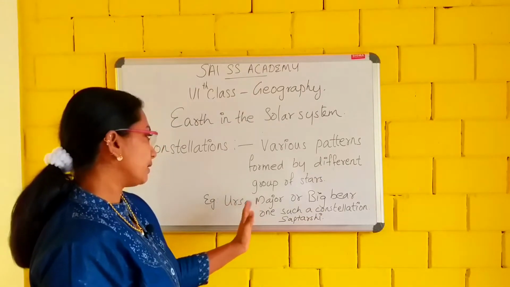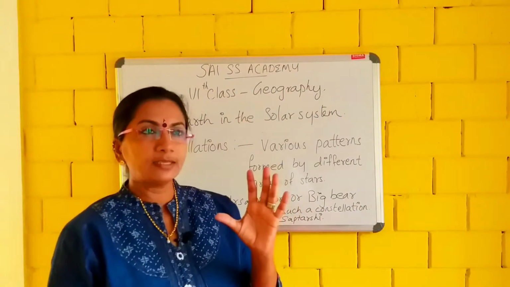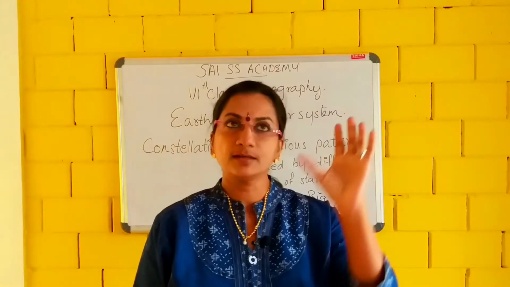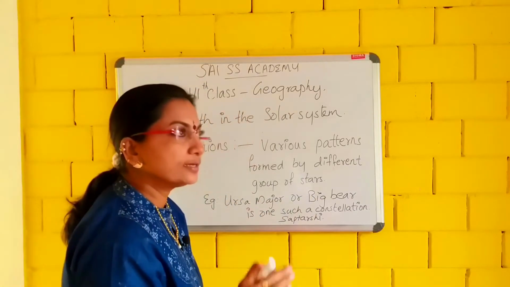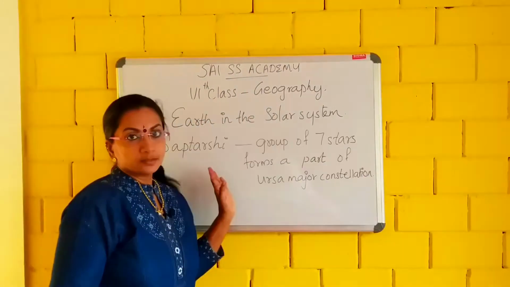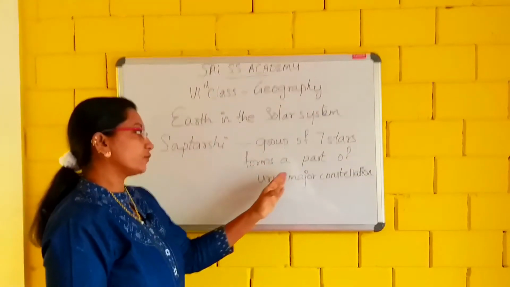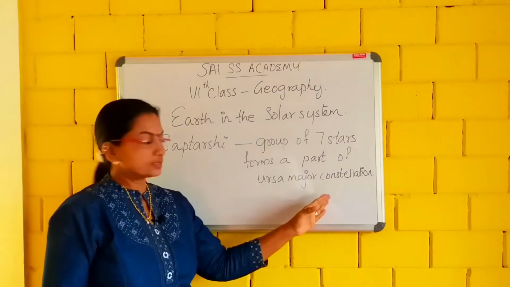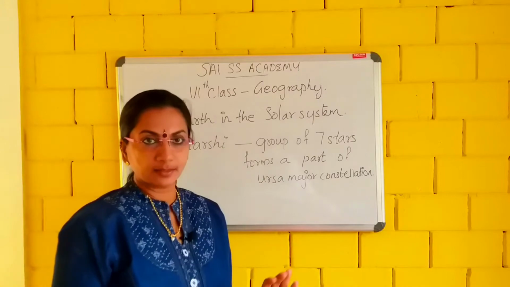One easily recognizable group has 7 stars and it is very easy to recognize; its name is Saptarshi. Saptarshi, a group of 7 stars, forms a part of the Ursa Major constellation.